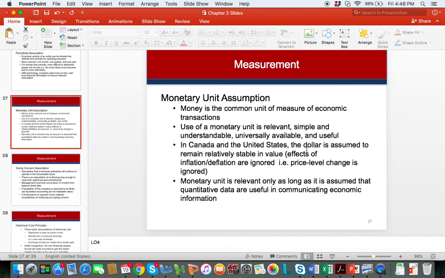In Canada and the US, the dollar is what's used, so you have the Canadian dollar and the US dollar. The monetary unit is relevant only as long as it's assumed that quantitative data are useful in communicating economic information. Basically, it's universally available and useful, and it's a simple and understandable unit of measurement.